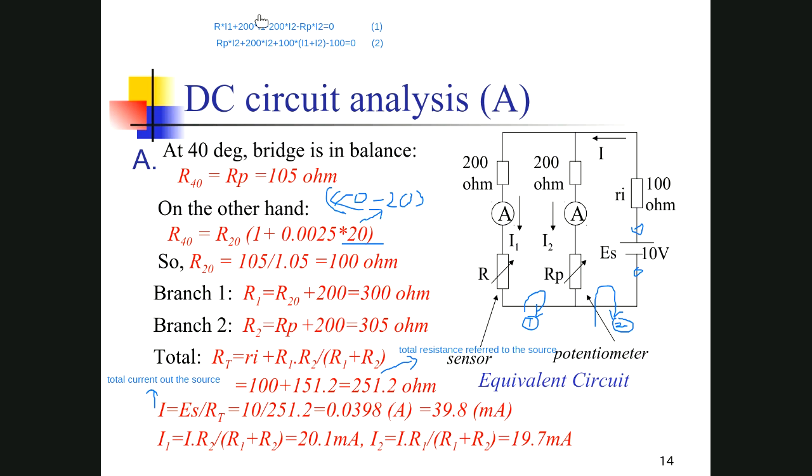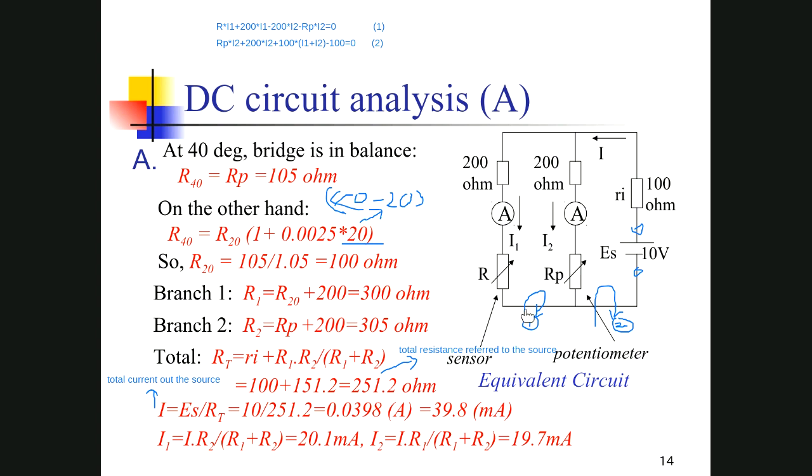So here we just give you one example. What I show here is a straightforward method, but you can still use the Kirchhoff voltage law or the Kirchhoff current law, choosing two loops, loop 1 as I show here and loop 2 shown here. You can establish the voltage potential drop equations.